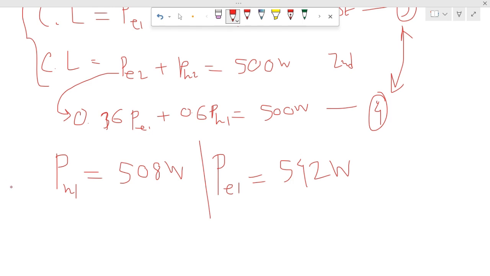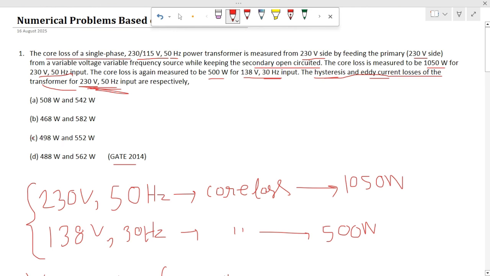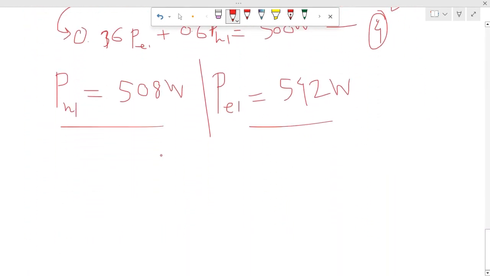So these are the hysteresis and eddy current losses for 230 volt, 50 hertz. The option is option A, 508 watt and 542 watt.